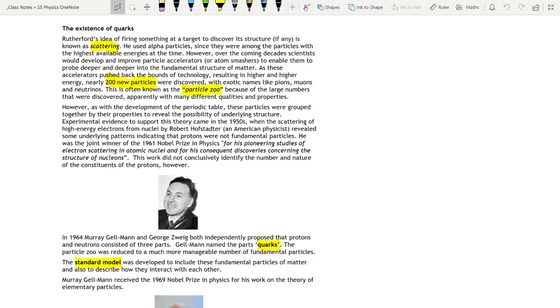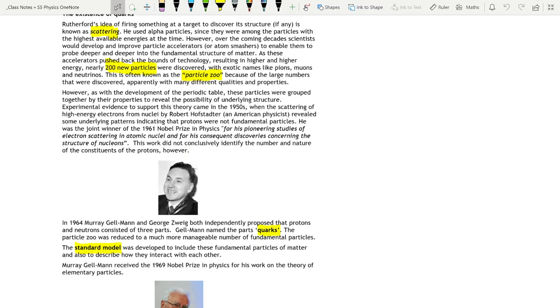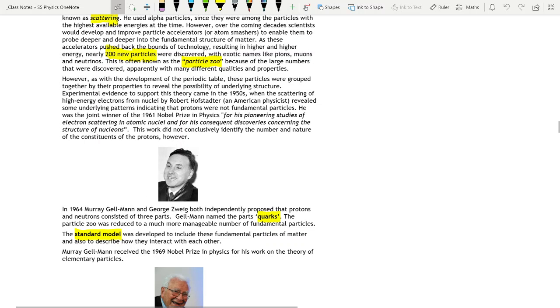As these accelerators pushed back the bounds of technology, resulting in higher and higher energy, nearly 200 particles were discovered, with exotic names like pions, muons, neutrinos. They're quite often called the particle zoo because of the large numbers that were discovered with different qualities. So what they did was a very similar thing to Rutherford, but he'd bombarded with quite slow-moving alpha particles.